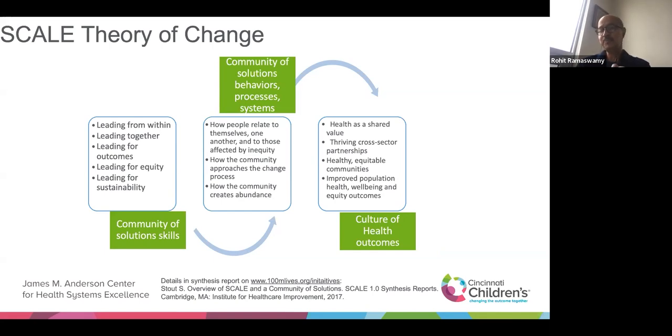What it would do is it would build continued strength in how people related to themselves, how they related to one another, how they related to equity, how they addressed equity, how it approached the process of change and transformation.